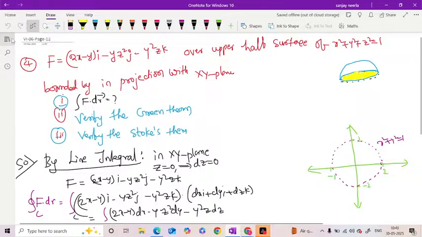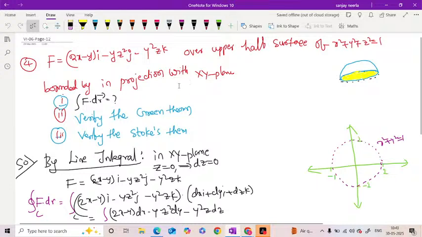Next one, the second problem: here F is (2x minus y) i minus yz square j minus y square z k, over the upper surface x square plus y square plus z square equal to 1. That is a sphere with center 0 0 and radius 1, bounded by its projection on the xy plane.